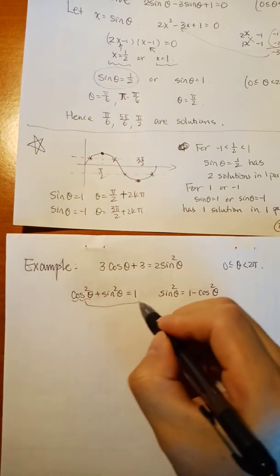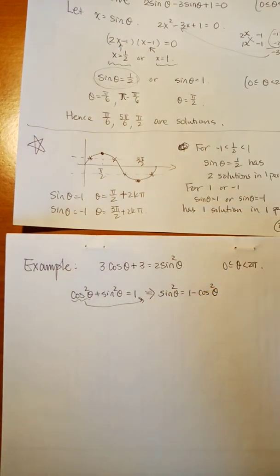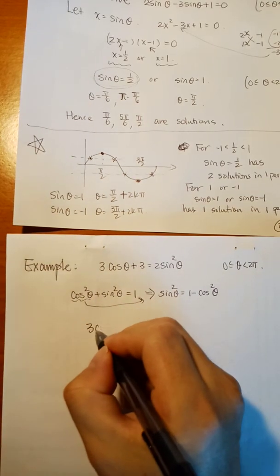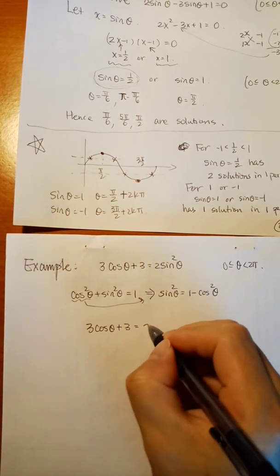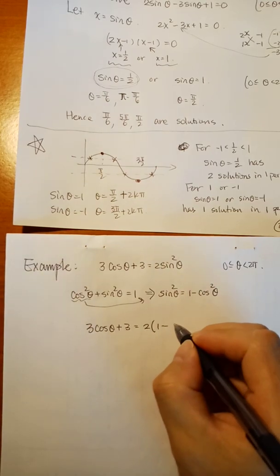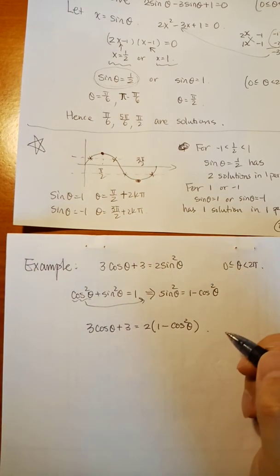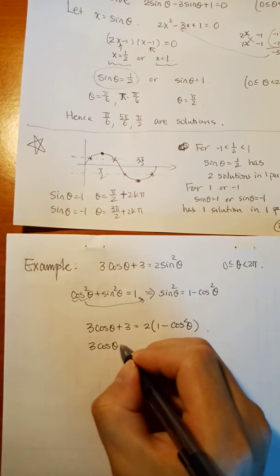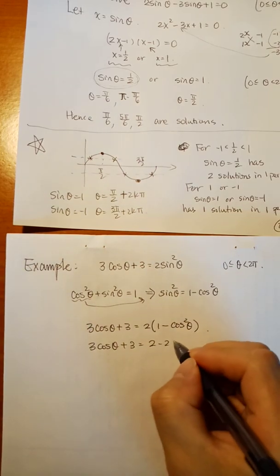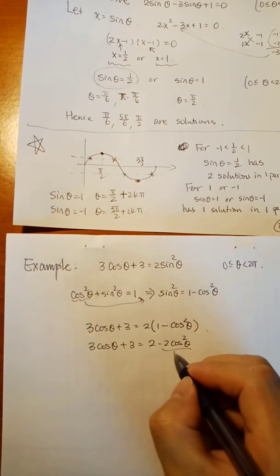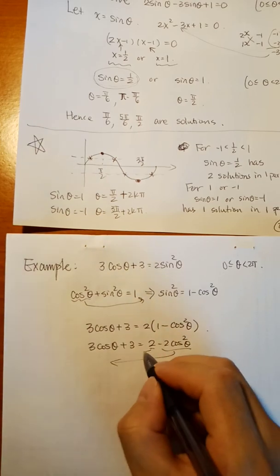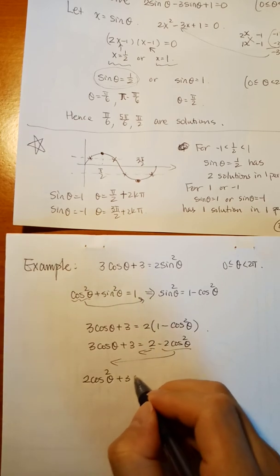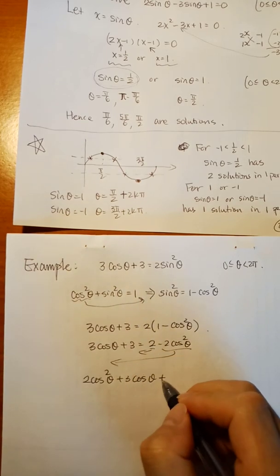Okay, so this original equation becomes 2 times 1 minus cosine theta squared. So it's 2 minus 2 cosine theta squared. You move this to the left hand side, 2 also move to the left hand side. You get 2 cosine theta squared plus 3 cosine theta plus 1 equal to 0.